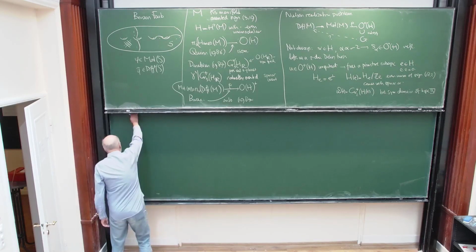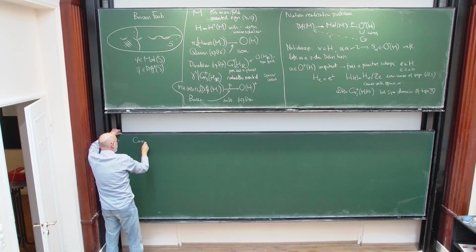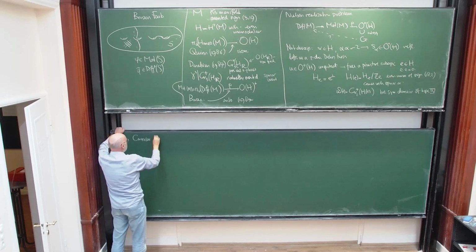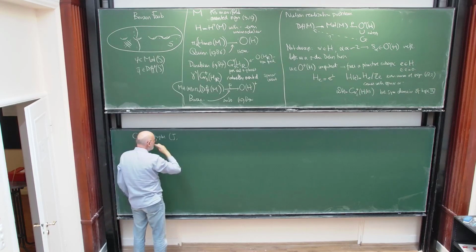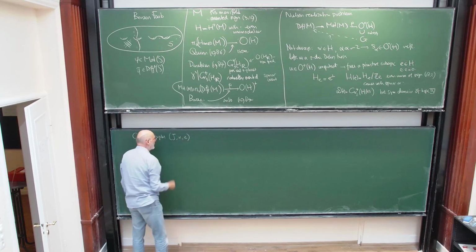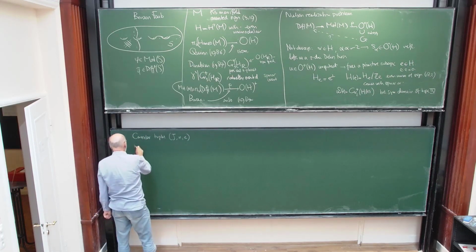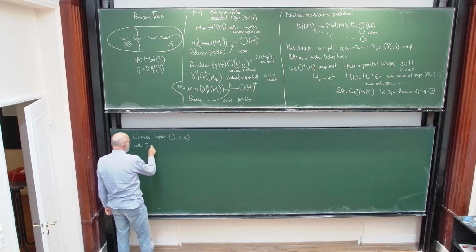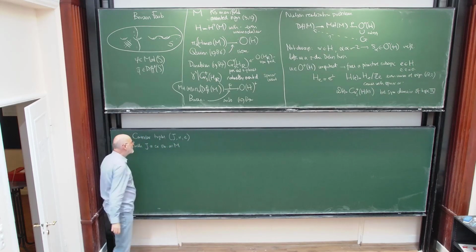So we consider triples J, kappa, and E, with J a complex structure, integrable of course.